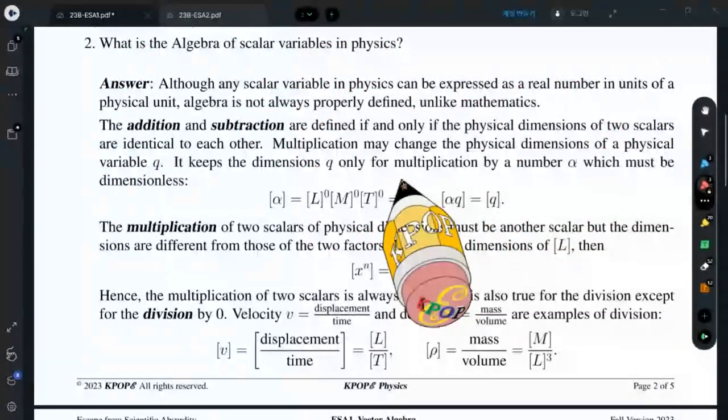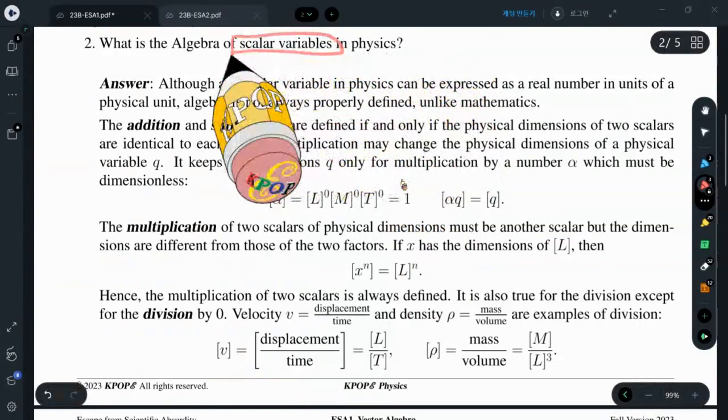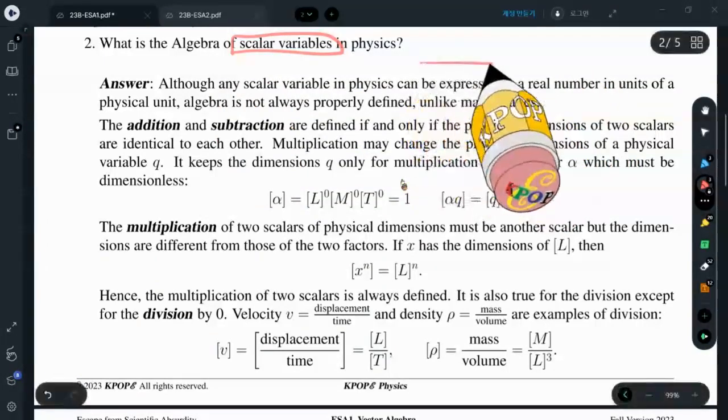In addition to the dimension, any physical quantity has its own magnitude and sometimes it has its own direction. And actually, a scalar variable is a spatial vector.